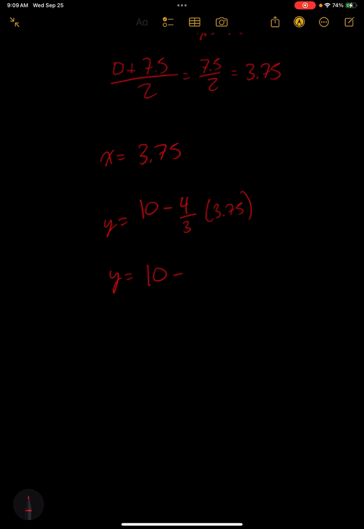Let's just put it in our calculator. 3.75 times 4 equals 15, divided by 3 is 5, and y is equal to 10 minus 5, which is equal to 5. So the dimensions are going to be 5 and 5, and these are going to be 3.75 each. That will give us the maximum area.